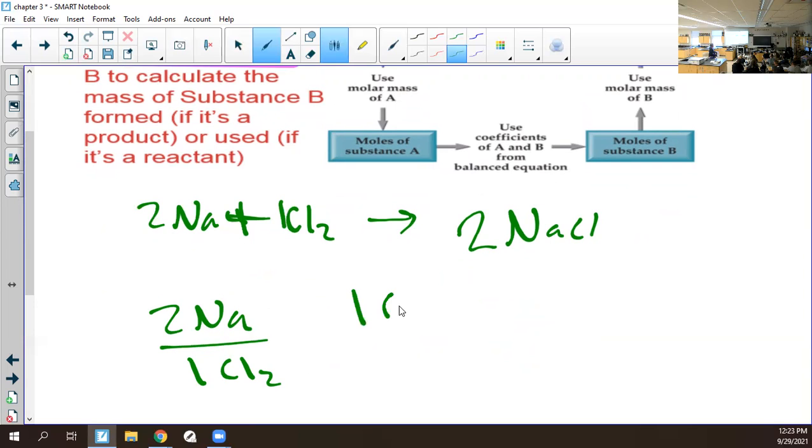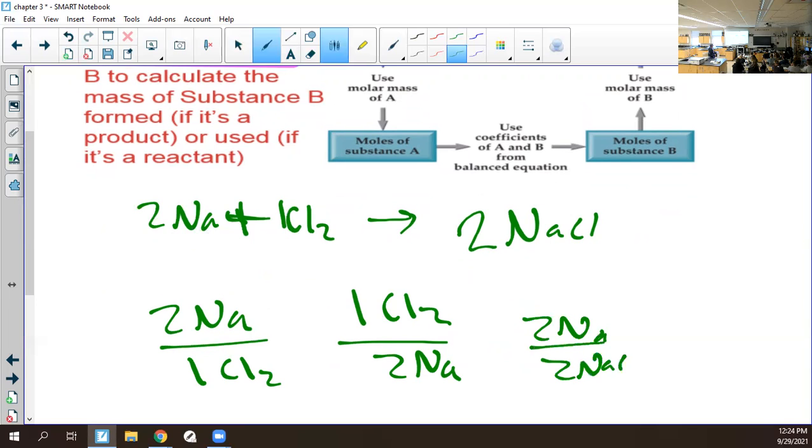Or I could say 1Cl2 to every 2 Na. That's the ratio of the coefficients. Or I could say 2Na to 2NaCl. Or I could say 1Cl2 to every 2NaCl. It's just the numbers in front, and I can flip them over to do whatever I feel like.